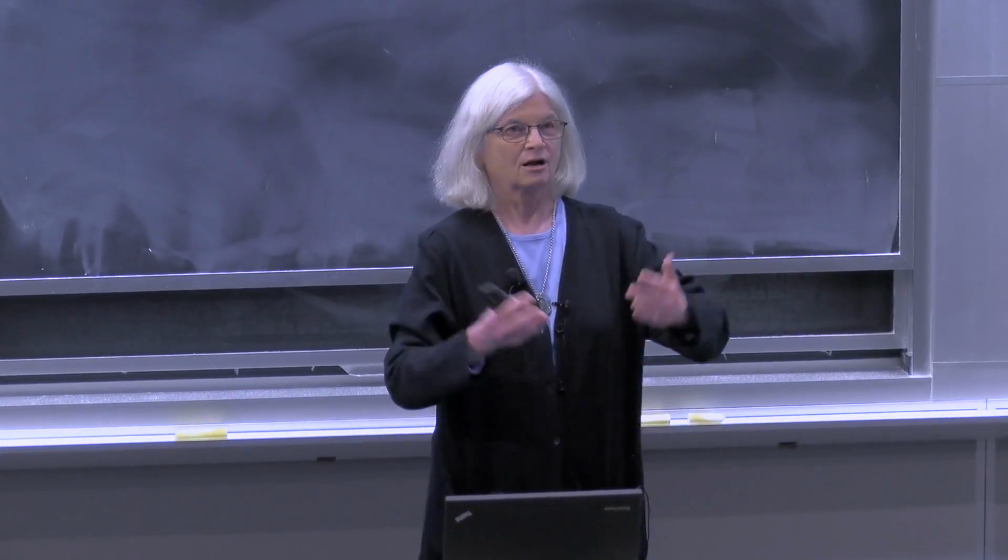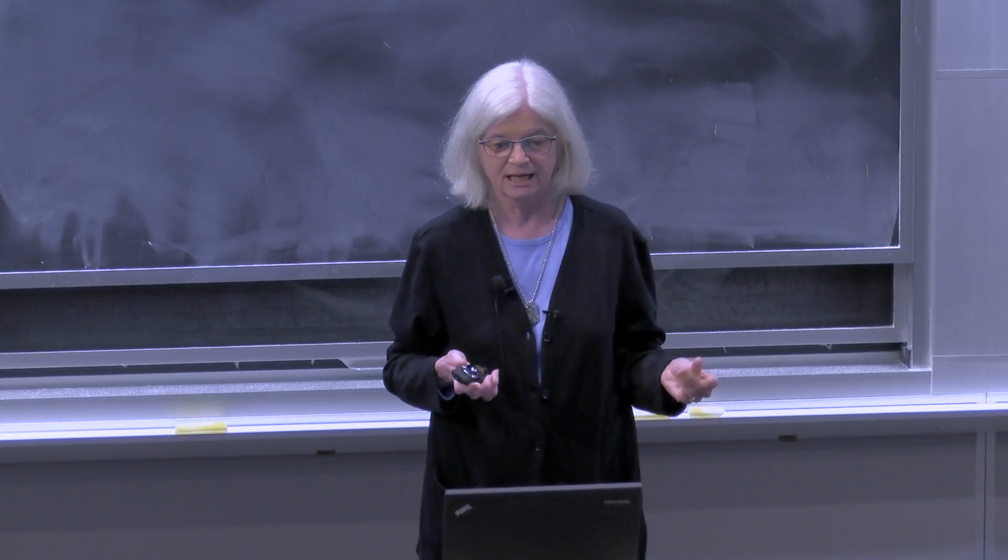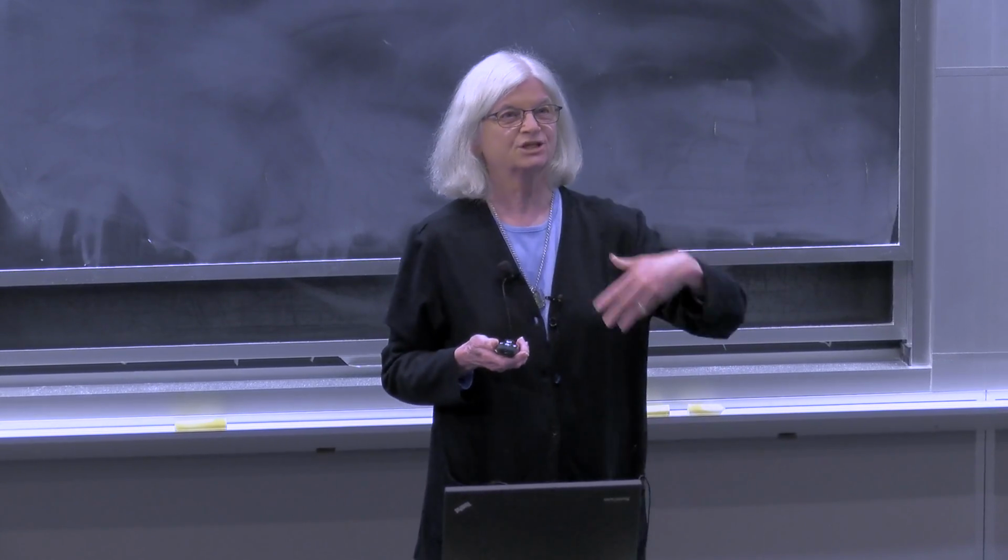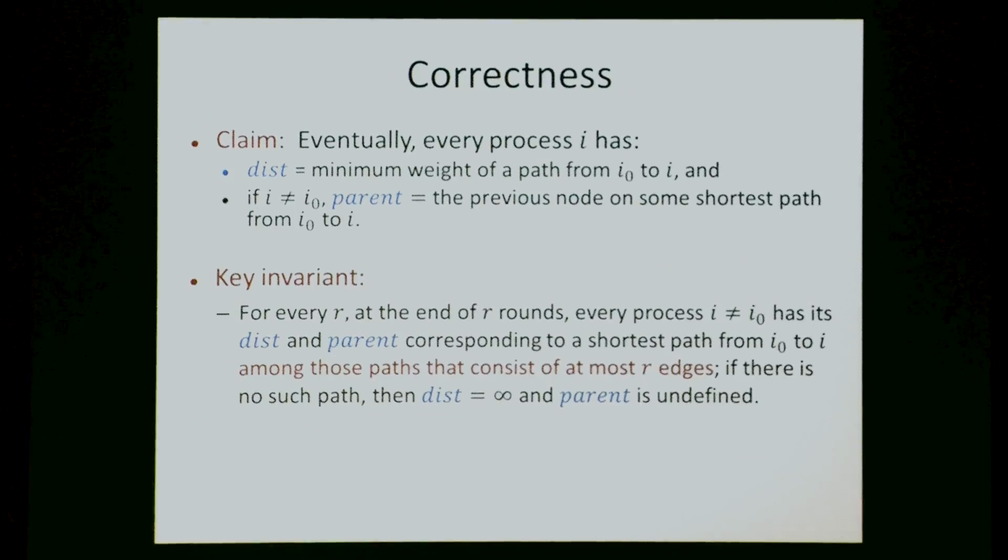The message complexity, well, since there's all these repeated estimates, it's no longer just proportional to the number of edges, but you have to take into account that there can be many new estimates sent on each edge. In fact, the way I've written this, you just keep sending your distance at every round. So it's going to be the number of edges times the number of rounds.